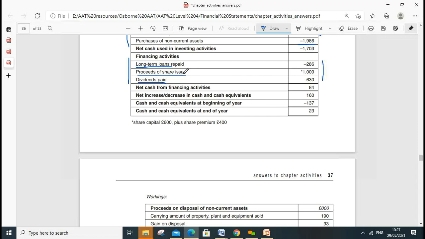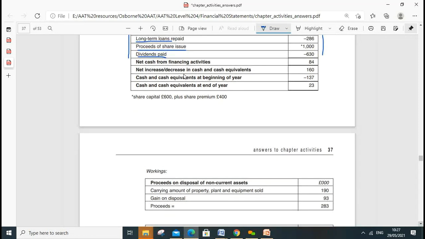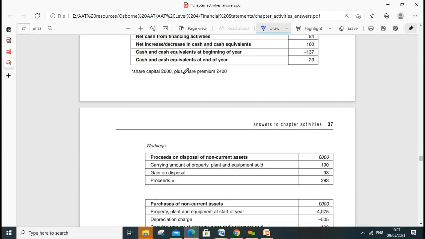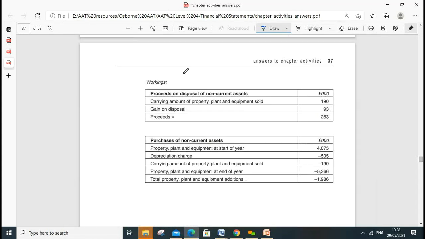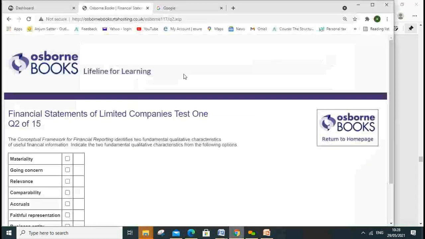So we need to look at all of these, and so on. So we can look at the net increase and decrease. All of these help when we prepare our statement. So we can add this example to address our learning outcome, which is 2.3.